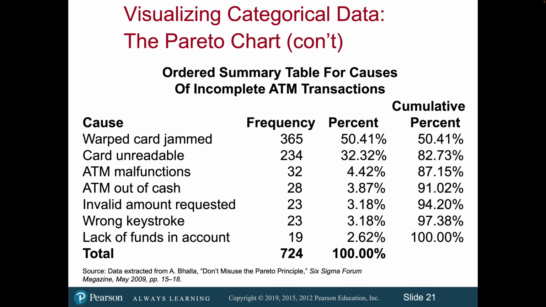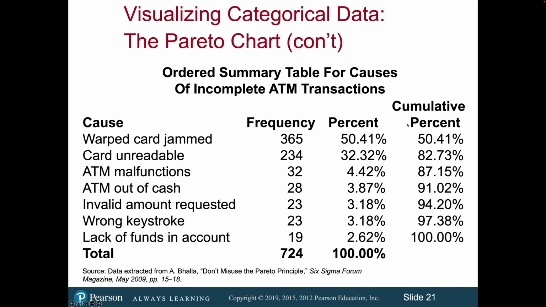Now for this sample of 724 incomplete ATM transactions, 365 were a warped card jammed. That's 50.41%. The card being unreadable, 234, and that's 32.32%. This 32.32% would be found by just taking 234 divided by the total, 724.